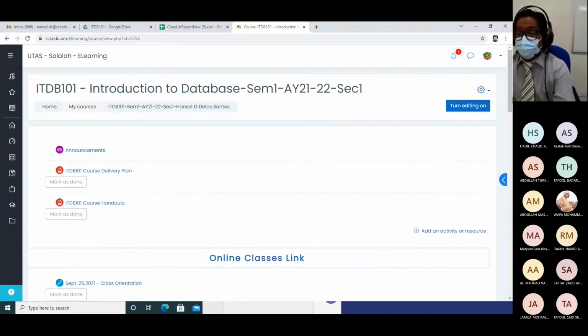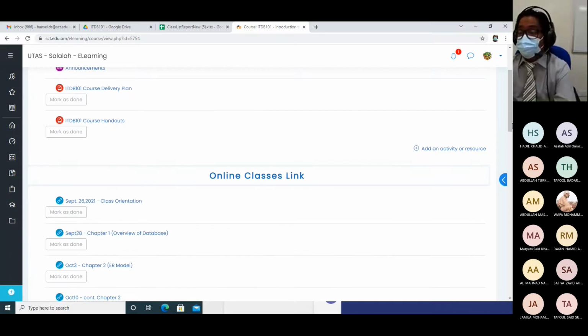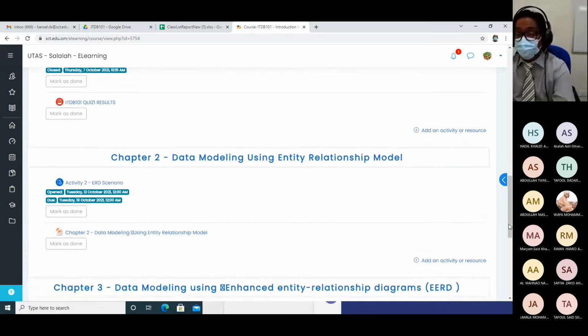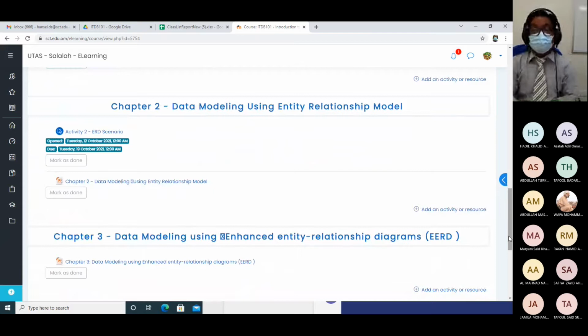And knowing that we have given scenario in chapter 2 just to illustrate or to draw the ER diagram of that given scenario based on how you analyze it, pretty much also in chapter 3 it comes with scenario, but there is a little enhancement of performing the ERD we used to work in chapter 2.